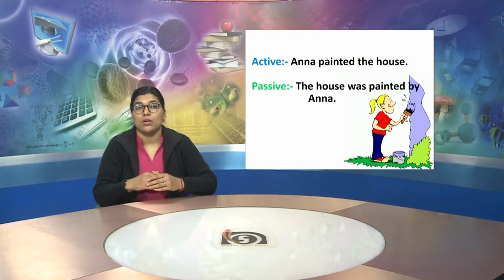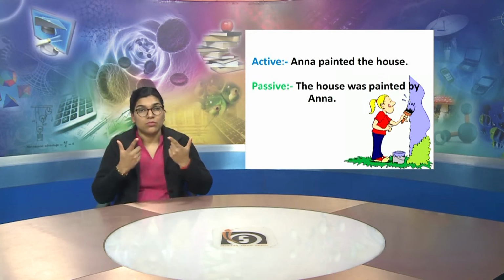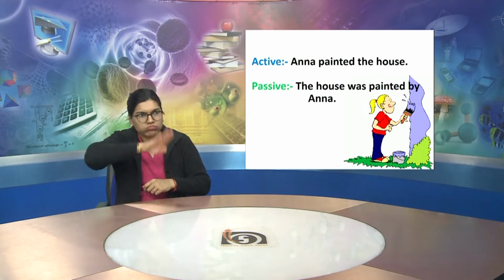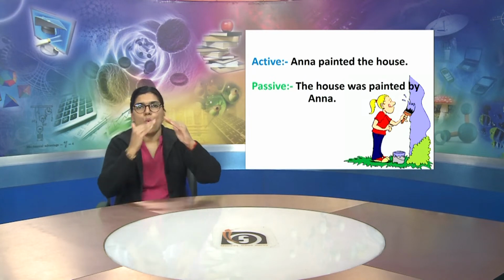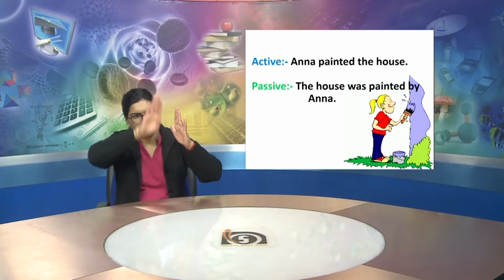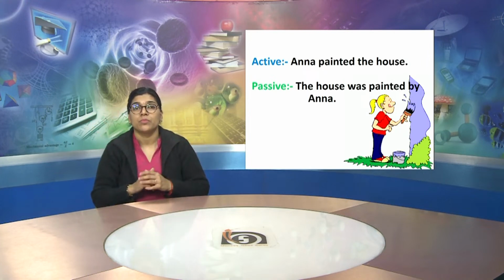Now in this example, the active statement is, Anna painted the house. It was something which was done before.